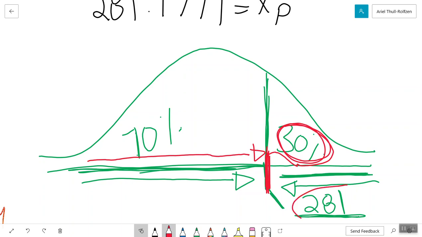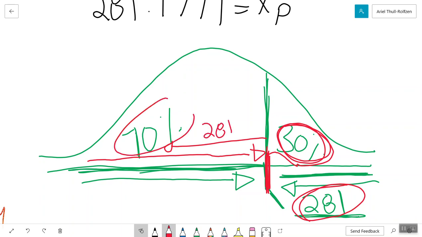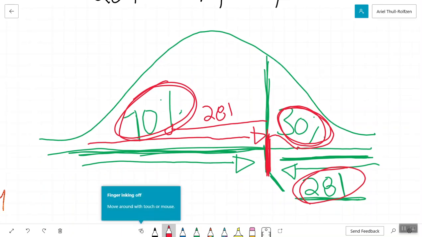But as long as I'm staying under 281, I'm in the lower 70th percentile. I hope that makes a little bit more sense for you guys.